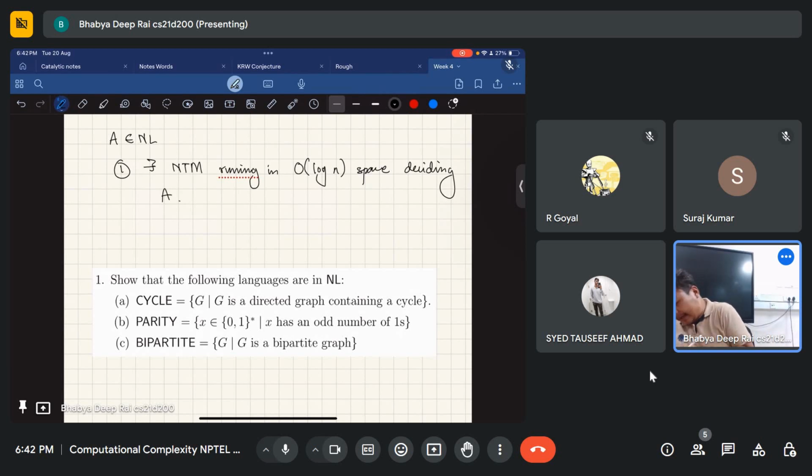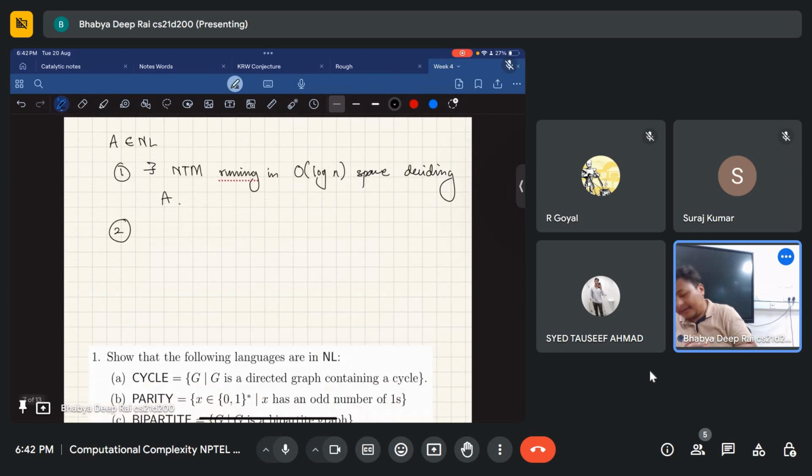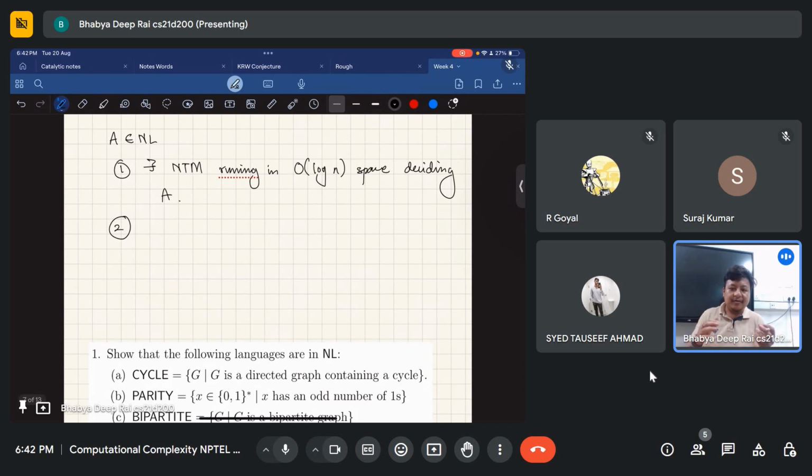The second definition is the certificate definition. What is the certificate definition for NP? There is a polynomial size certificate and a polynomial time verifier Turing machine that can verify the certificate for that particular string and say that yes, this string belongs to the language.